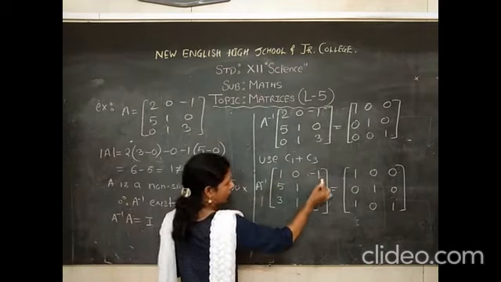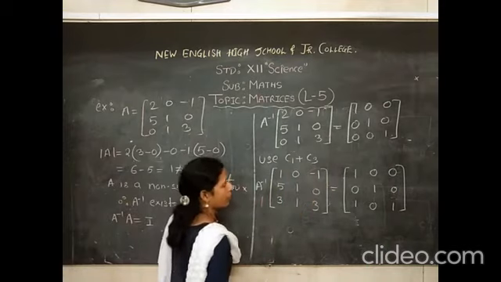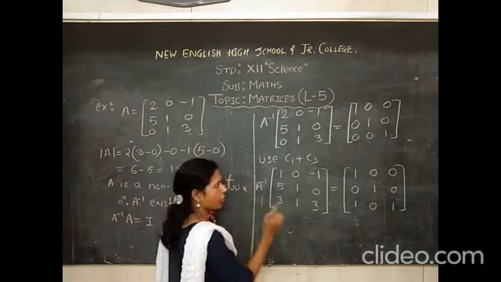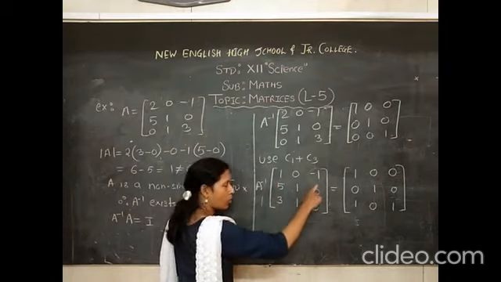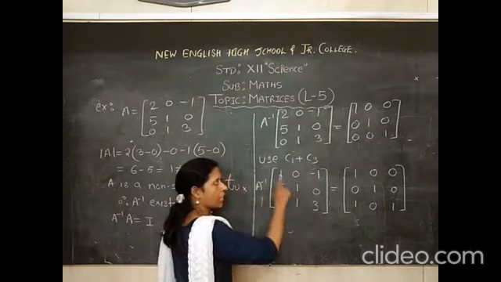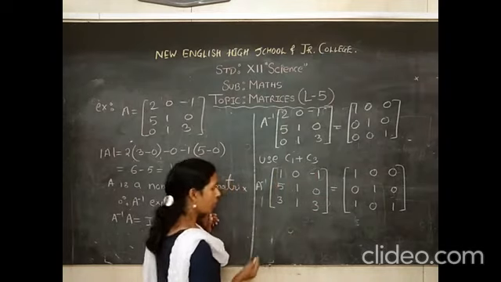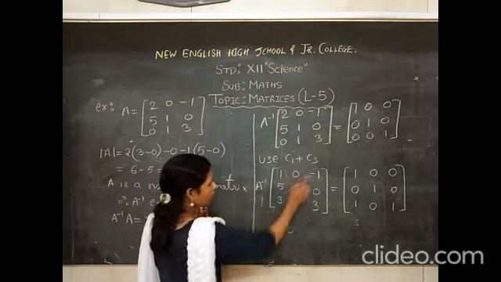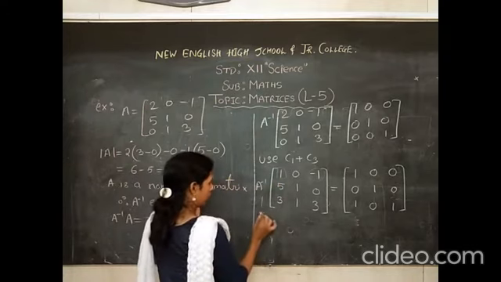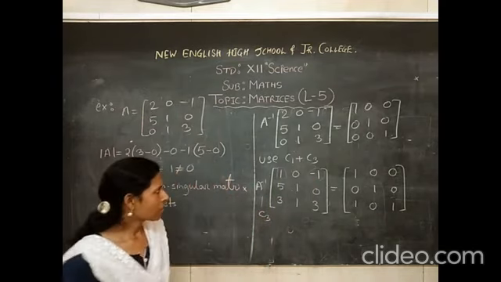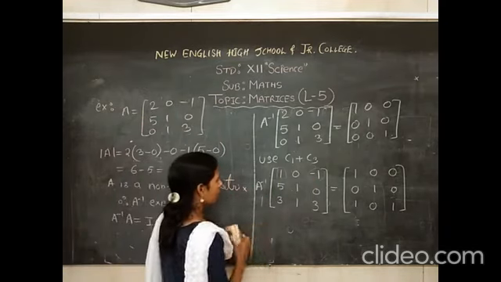Now our target is to make it 0, and we will take help of this one. We are doing column transformation. This minus 1 belongs to the third column. We will take help of the first column because this one belongs to the first column. I want to make a change in C3. Simply C3 plus C1.